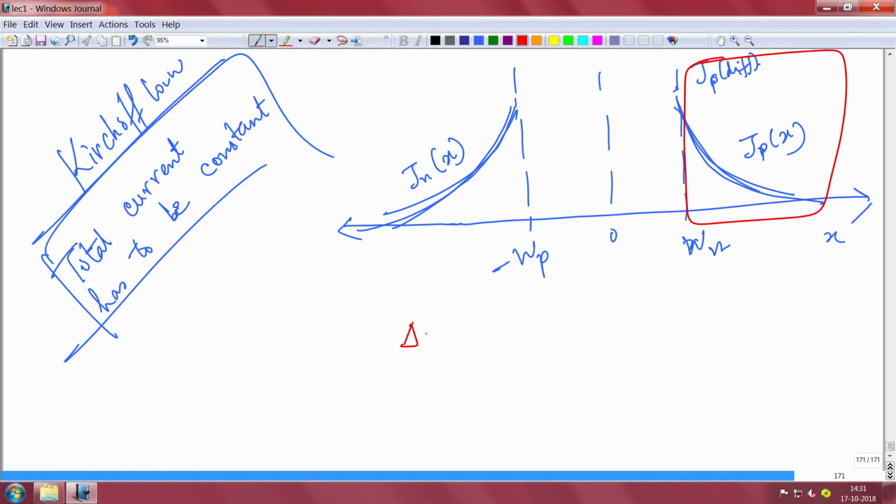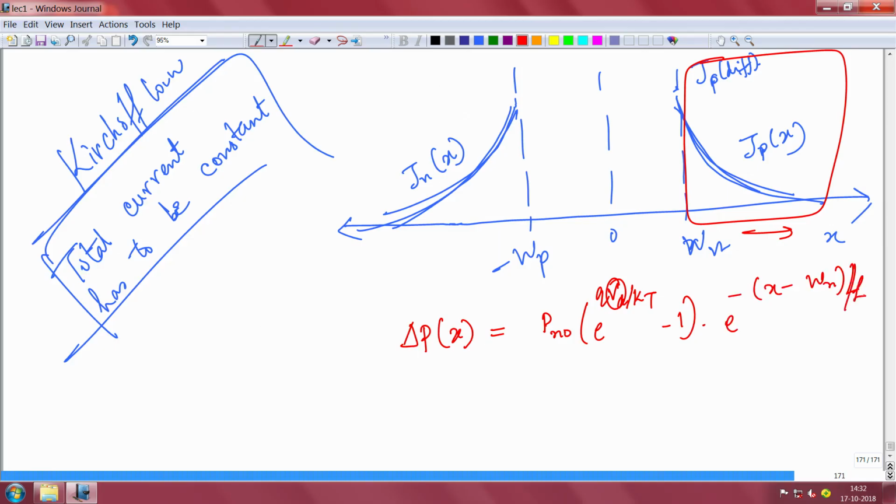So, I told you that excess holes on this side will decay as Pn0, which is Ni squared by Nd, into exponential of qVa by kT minus 1, where Va is the applied voltage, into exponential of minus (x minus Wn) by Lp, the holes will diffuse.